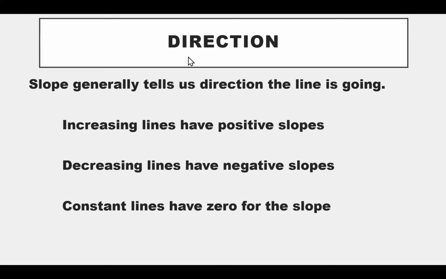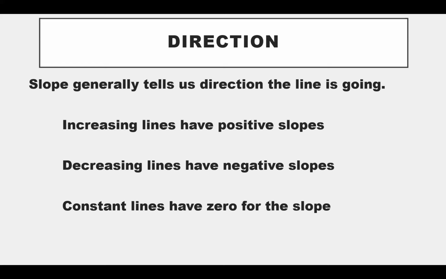So slope is generally telling us the direction that the line is going. A line that is increasing as we move left to right is going to have a positive slope. A line that is decreasing as we move left to right is going to have a negative slope. And if we had a constant line, then the slope would be zero. We wouldn't be moving up or down.